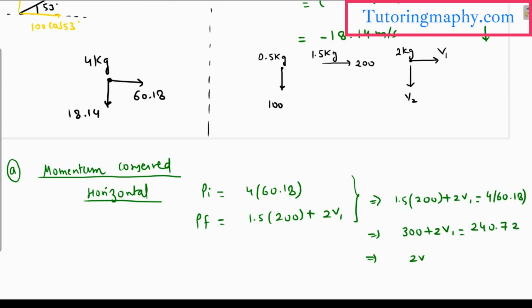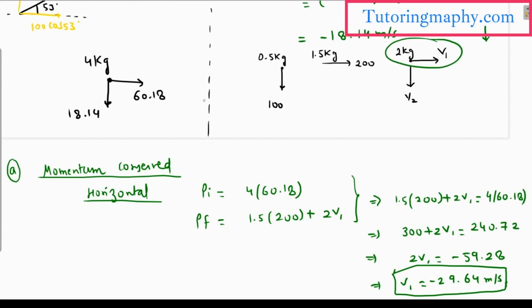Subtracting 300 from both sides, we get minus 59.28. So v1 comes out negative, minus 29.64, which means it is toward the left, because we assumed right as positive.